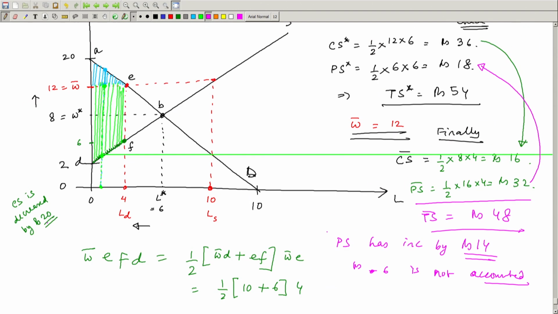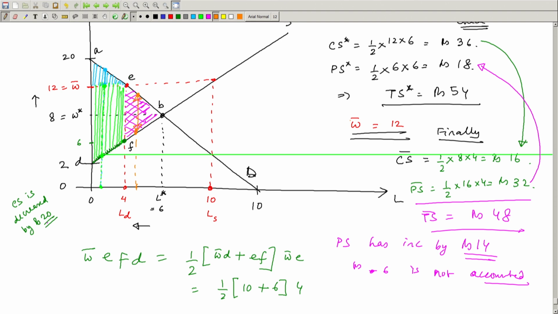And notice I can also compute this as the area of this particular triangle, right, for each of these units here. So, take any particular unit here, right, for any of these particular units, the willingness to pay was greater than the supply price. So, this would have been the gains that could have been captured.